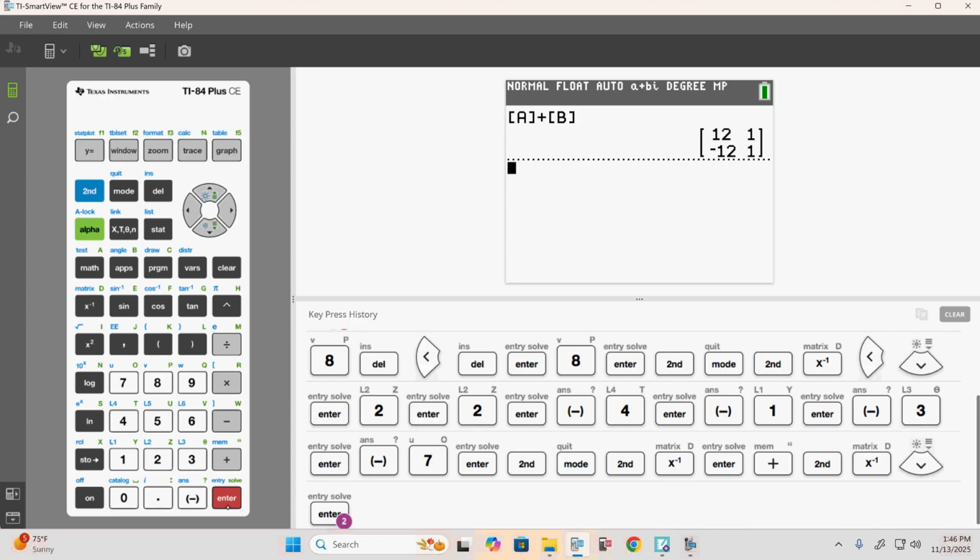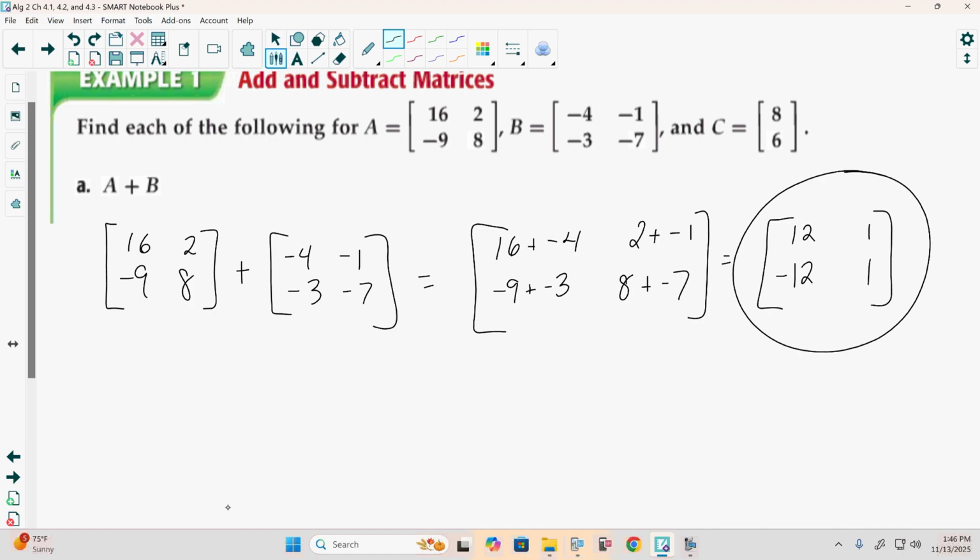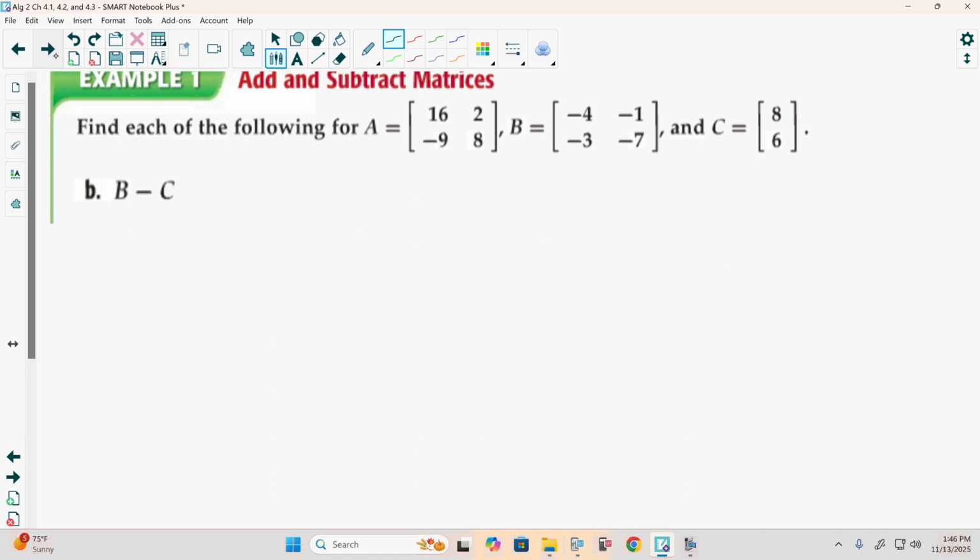Now when we did this the first time, we realized, and still realize, that typing in addition of just two matrices is about as fast as actually just doing it by hand. There's really not a big difference between adding or subtracting if we're just doing it by hand. Now once we start doing scalar multiplication with addition and subtraction, then it becomes a little faster for the calculator to do it.